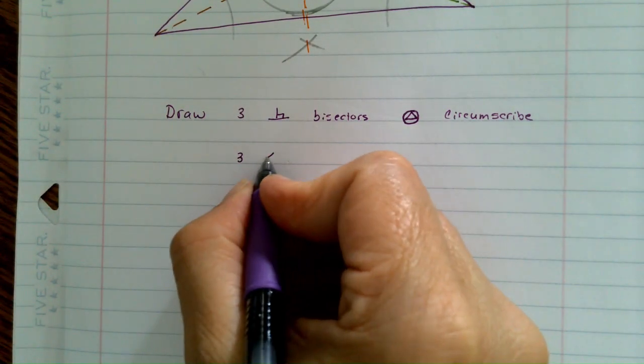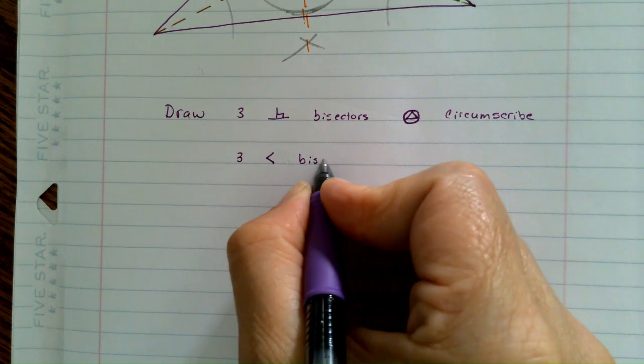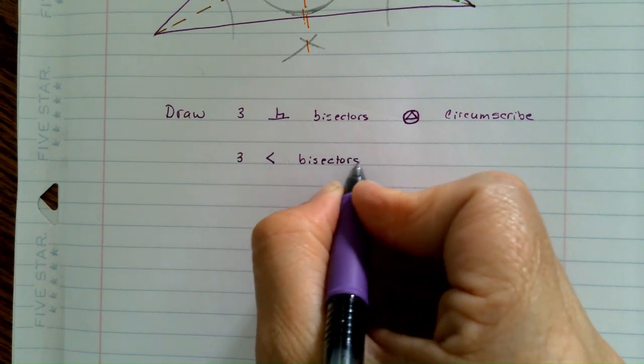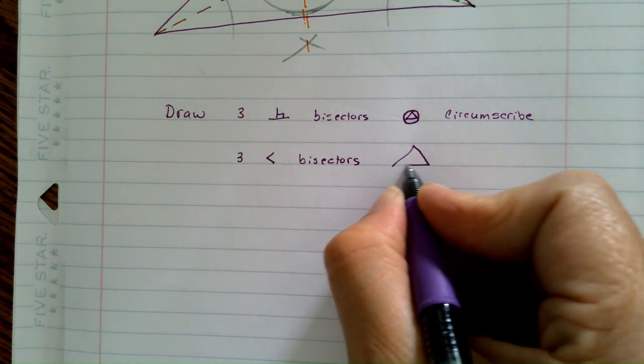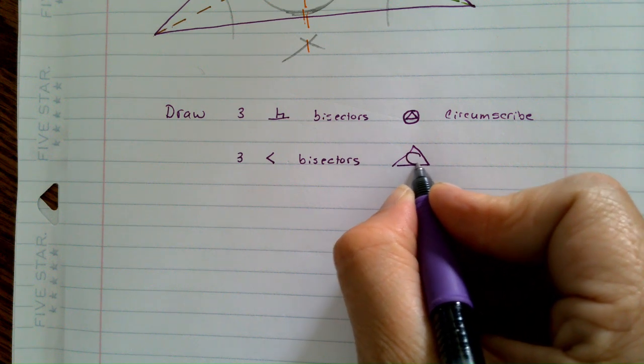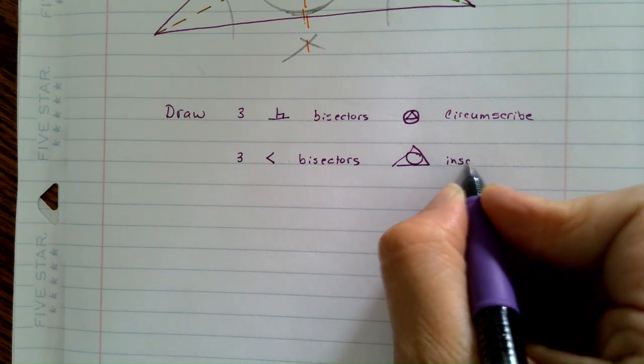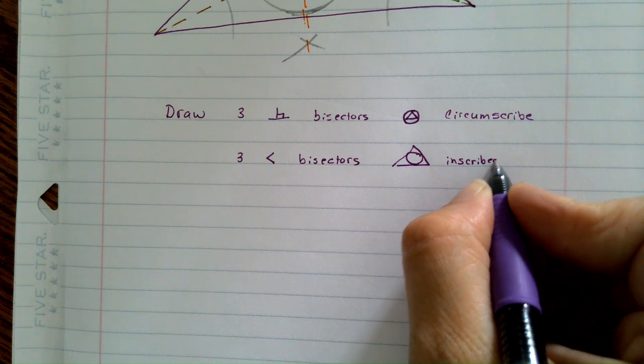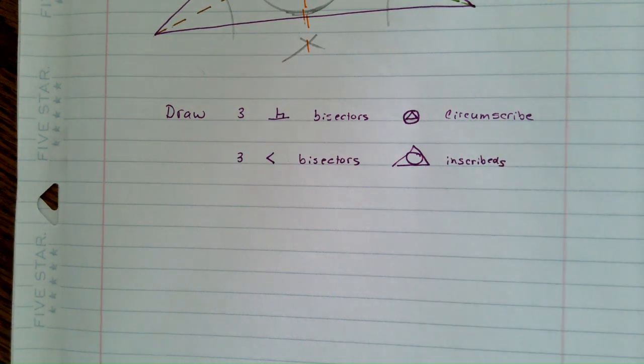If you do 3 angle bisectors, your circle is going to be on the inside or inscribed. So it's kind of a cool thing that these drawings happen, but there's a lot of other relationships that can pop in because of this.